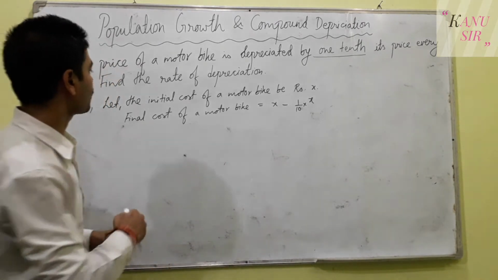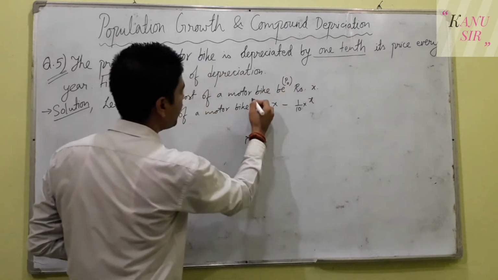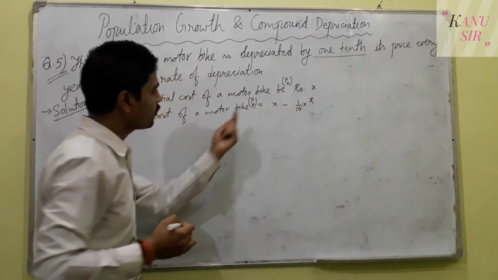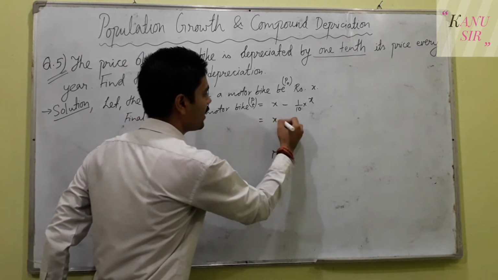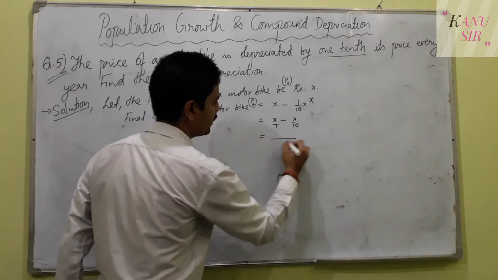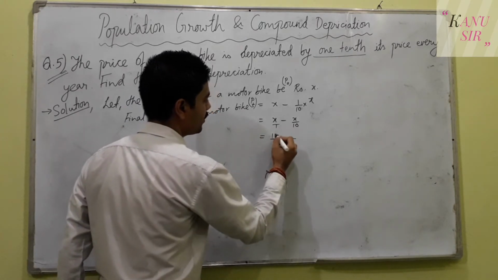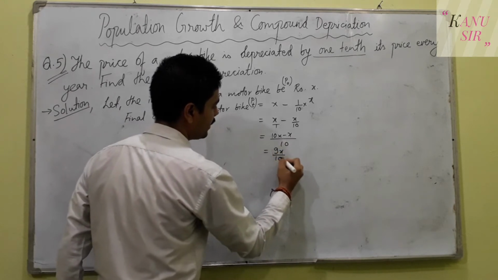So the initial cost is P0, and the final cost PT is equal to x minus 1/10 times x, that is x minus x by 10. Taking the LCM of 1 and 10, which is 10, we get 10x minus x, that is 9x by 10.